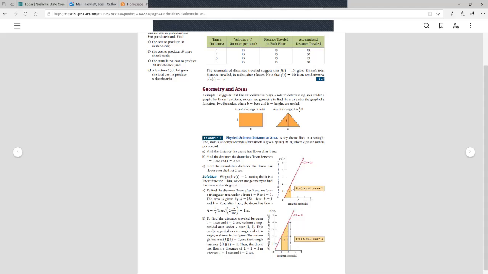Or you could break this up into a triangle sitting on top of a rectangle, and you could find the areas that way. The more important concept at this point is to realize that the area under the curve, or the area of the trapezoid, is equivalent to the distance traveled between the first and second second. That's the main thing to realize here.